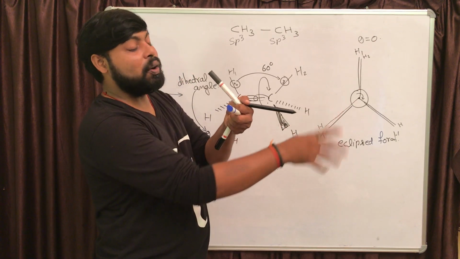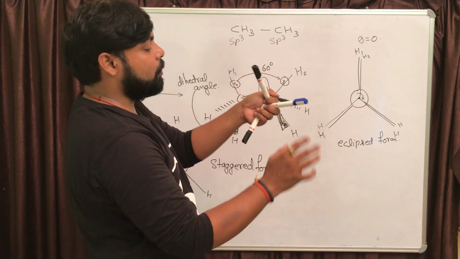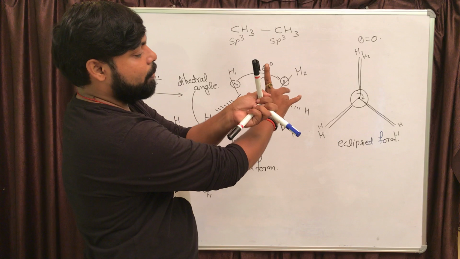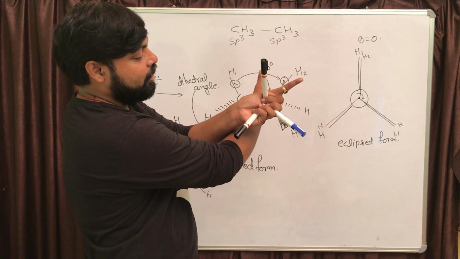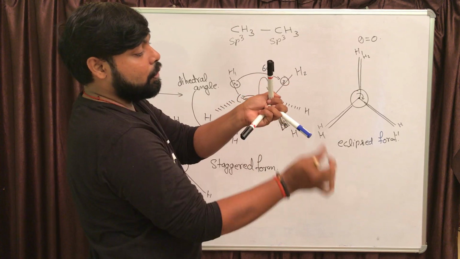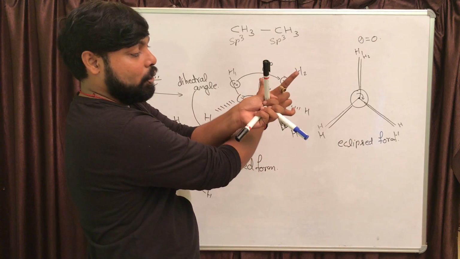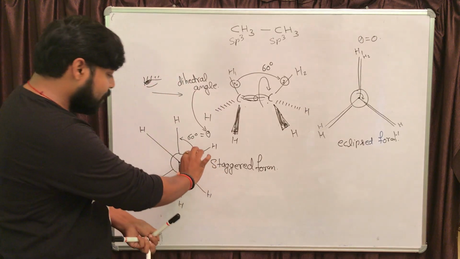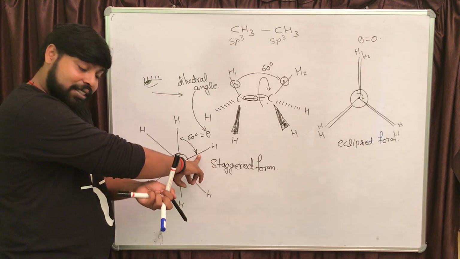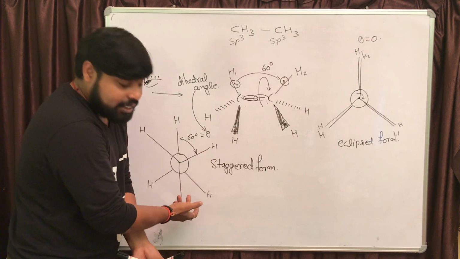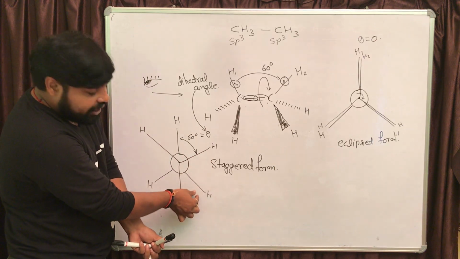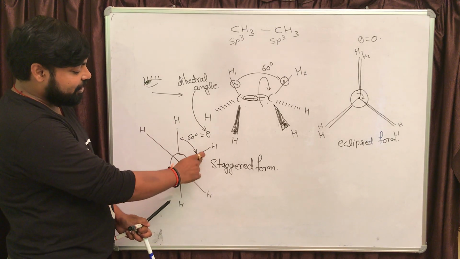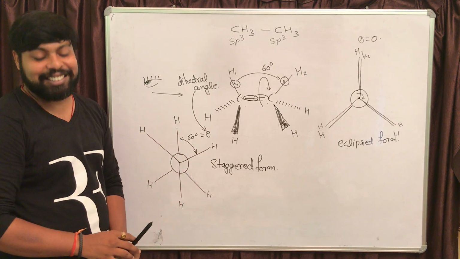But if you're talking about a staggered form, this is the first front carbon atom and the second carbon atom is rotated by 60 degrees. So if you now observe the bond pair electrons, they are at their maximum distance, because if you rotate the backside carbon atom more than 60 degrees, it will be closer to the next bond pair electrons, right?